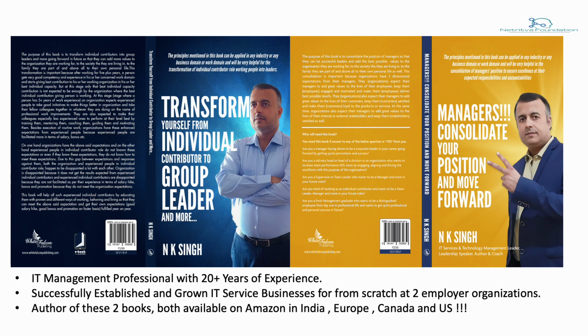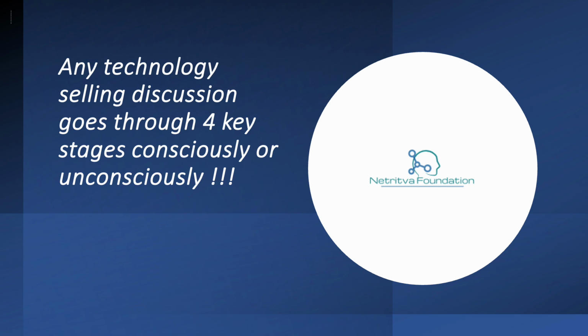Having said that, let's move to the real part of our discussion, that is the key stages of the successful selling process. So friends, any technology discussion goes through four key stages consciously or unconsciously.